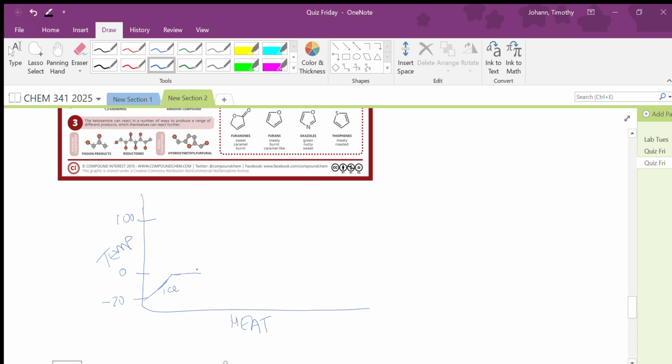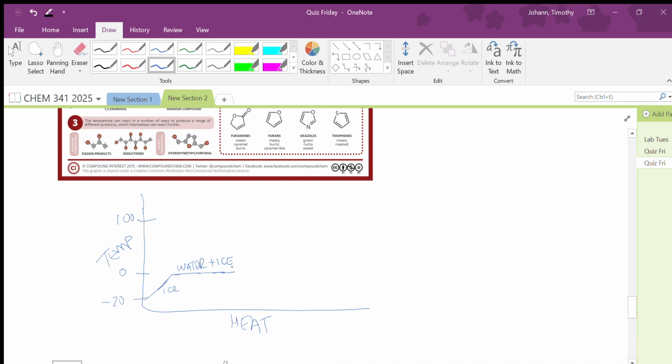Okay, so while we're at 0, what do I have? I have water, if we think about water as the liquid, and I also have ice, because water freezes at 0. I have a mixture of ice and water there.